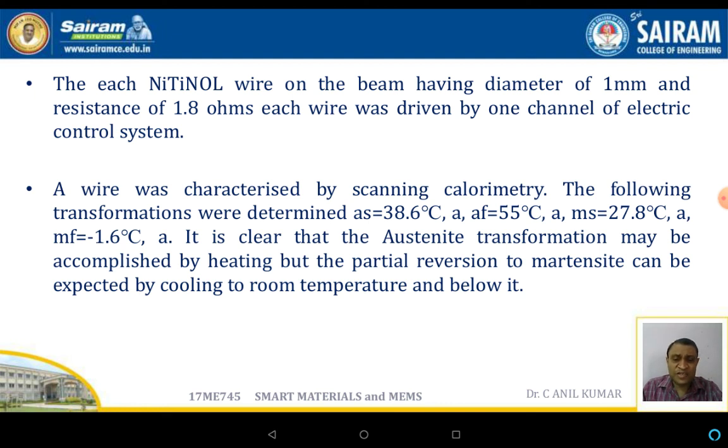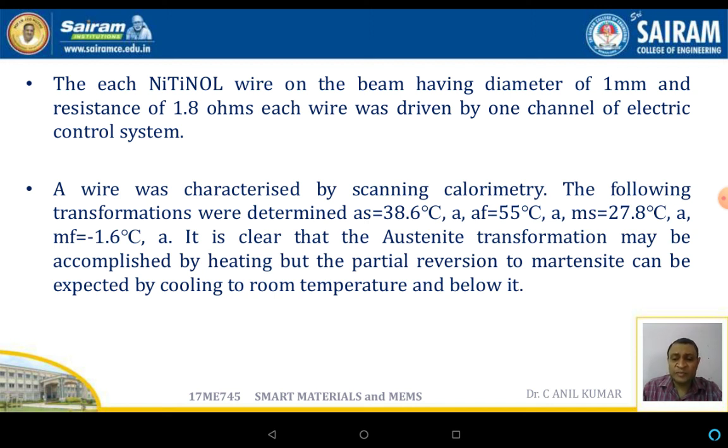The austenite finish temperature is around 55 degrees centigrade. The martensite start temperature is 27.8 degrees centigrade, and the martensite finish is minus 1.6 degrees centigrade, which is below the room temperature.